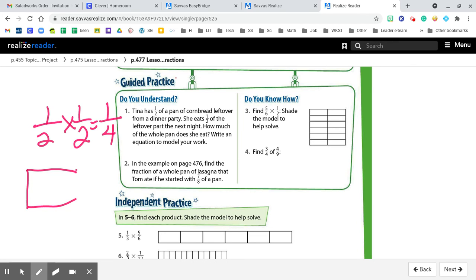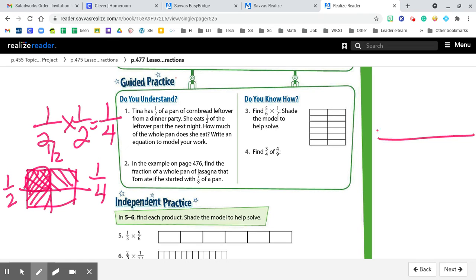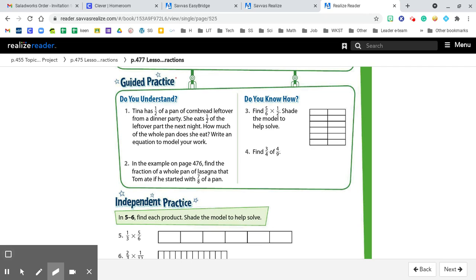If we take it like this, she has half a pan, and she eats half. So the overlap is 1/4. You can do that on the number line. 0, 1, half. So she has a half, and she eats half of a half. So that's 1/4 is what she eats. Lots of different ways to show that.